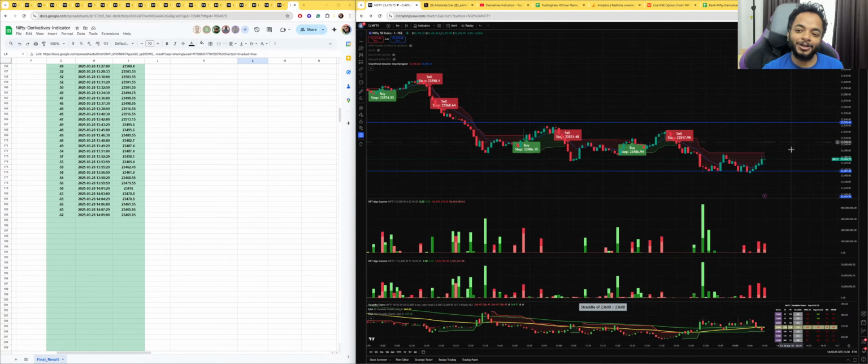That means it sometimes makes sense that the put writers are not letting the market fall beyond the point they have shorted. So you have to do a little bit of analysis and make a little bit of sense. The rest, our indicators are telling you everything. Overall, from the AI money flow you get the sentiment.